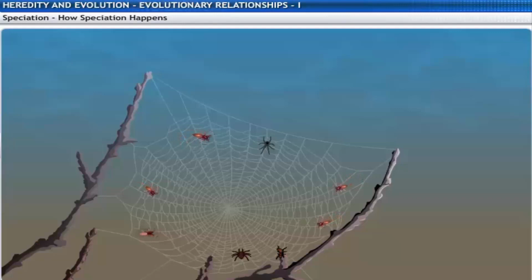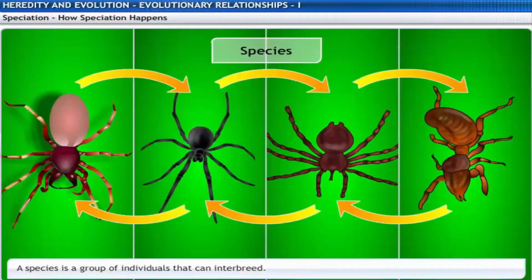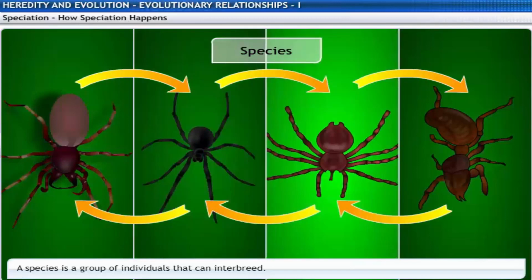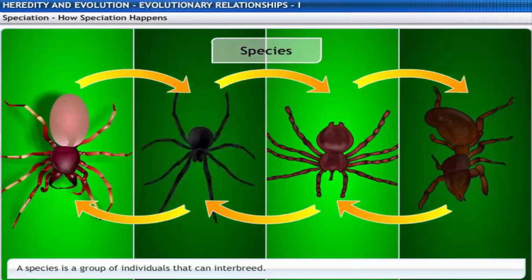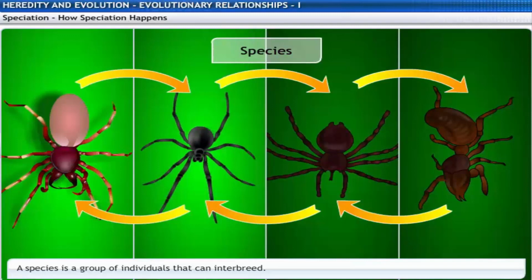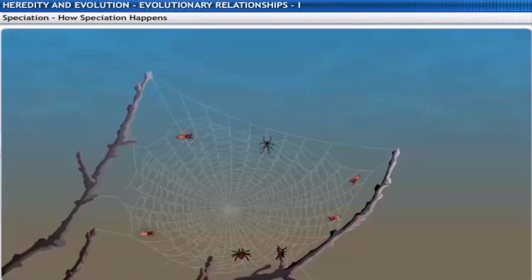Let's see how speciation happens. Before that, let's understand what a species is. Take a look at the spiders. Each spider looks different, but they are all able to interbreed. A species is defined as a group of individuals that can interbreed in nature.